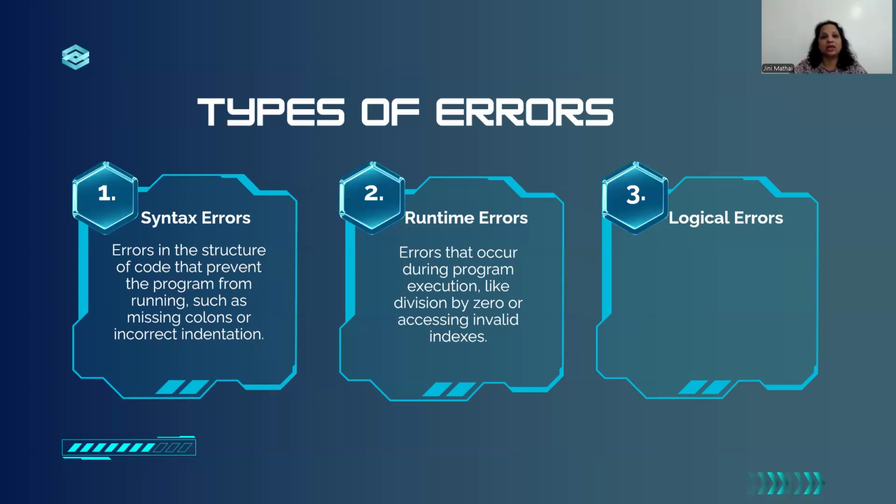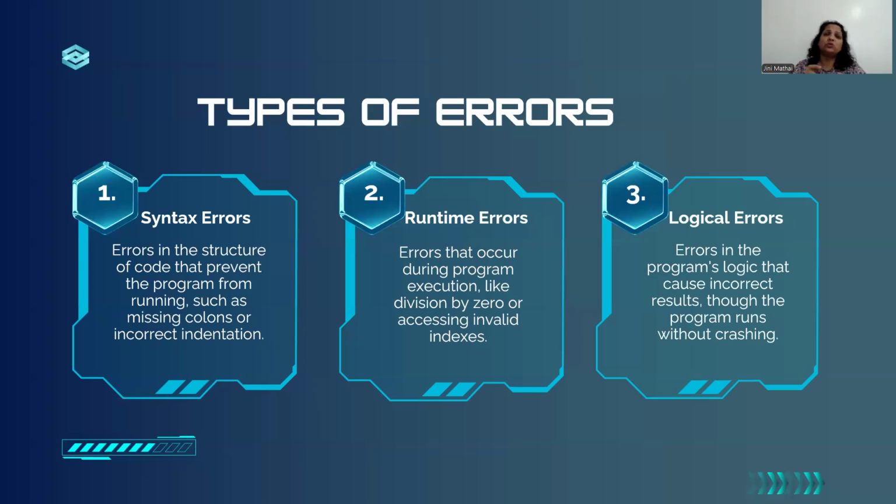Coming to logical errors. Logical errors are errors created by the programmer. The computer will never be able to locate a logical error. Then how will you find a logical error? When you execute the program, you know that you need to be getting your answer as 15. But when you look at the output, you realize that the answer that you've got is 25, which means the code that I have written is not logically correct.